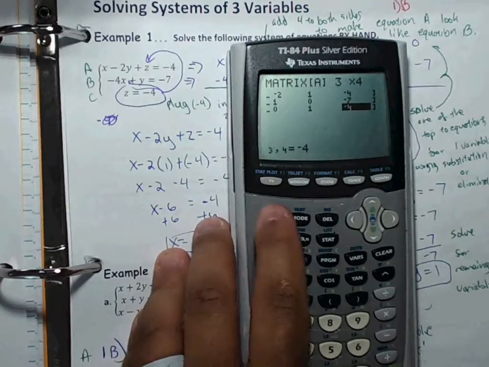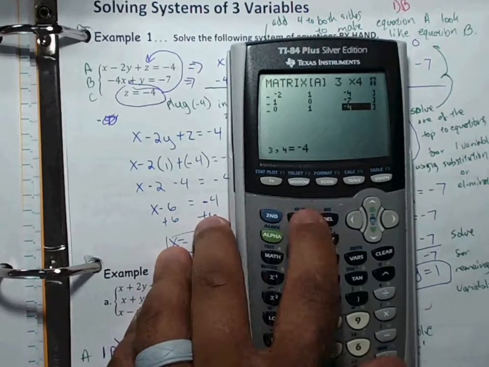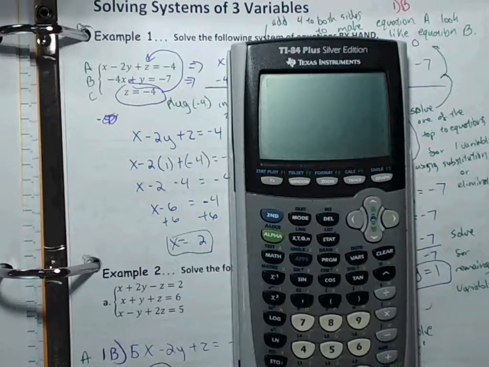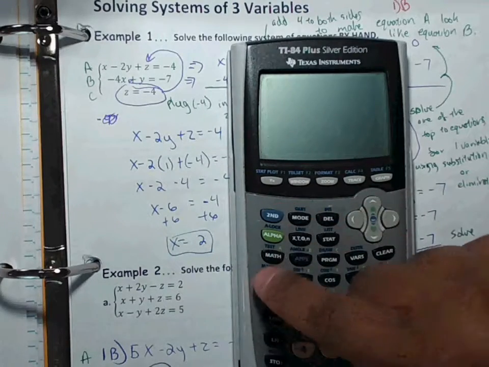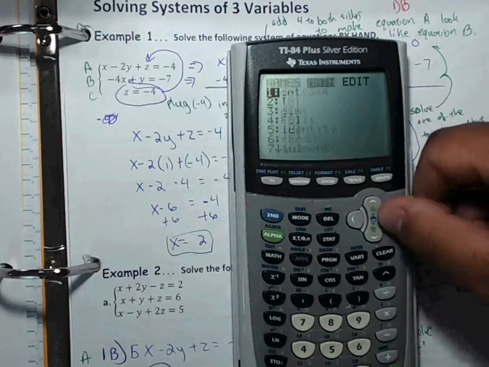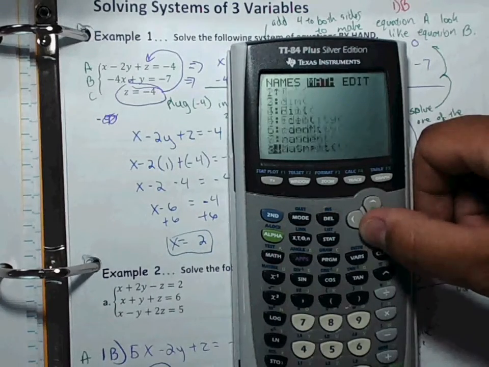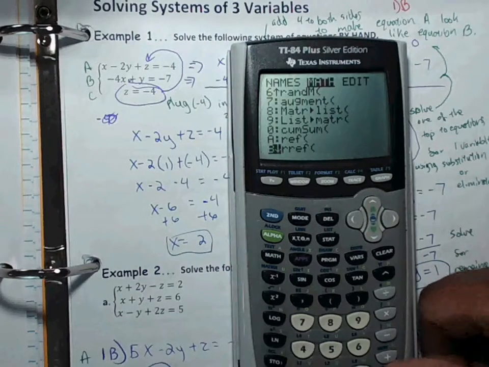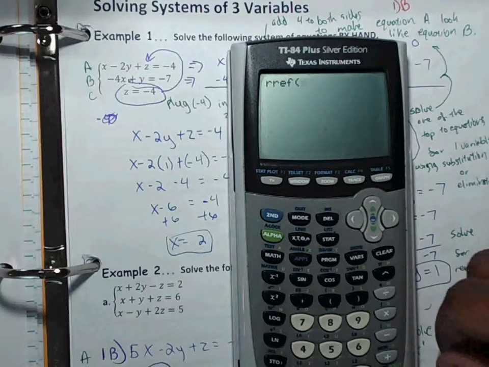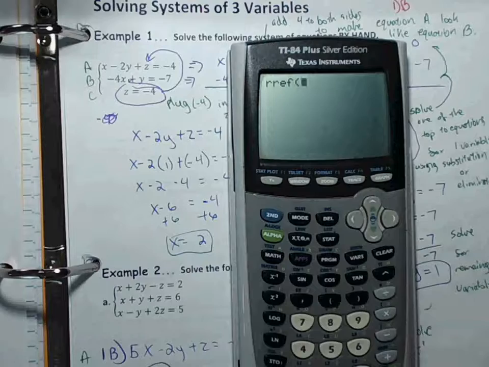So once we've entered in all of our values, we press second mode to quit back to the home screen. And then we press second matrix. We're going to go to math, and then scroll down to RREF, whatever that means. And then we have to tell it which matrix we put our data in.